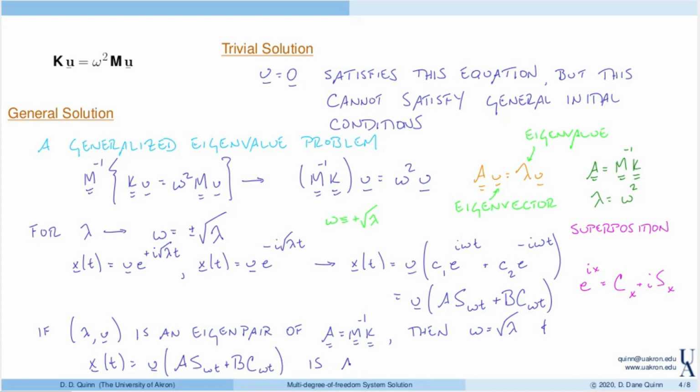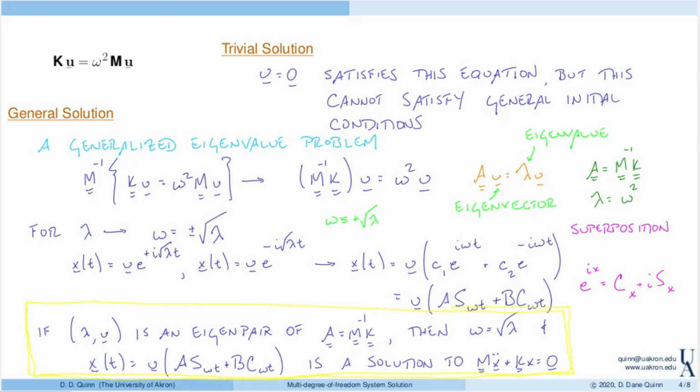So this is a solution to our multi-degree of freedom problem, which was M x double dot plus K x equals 0. Right, so this summarizes how we go about solving multi-degree of freedom systems.